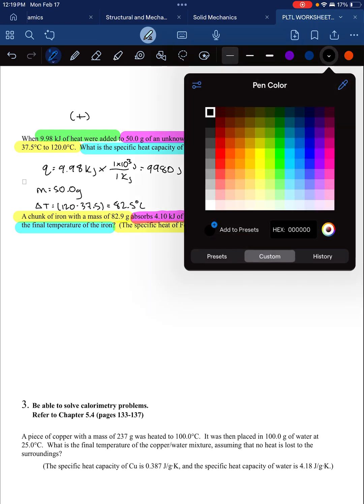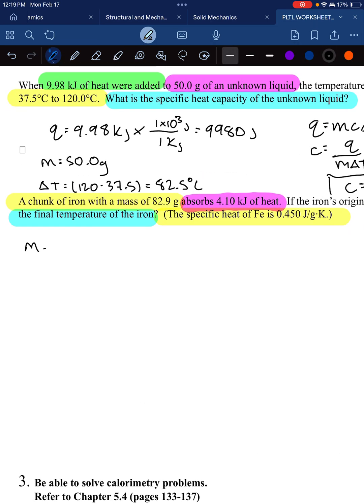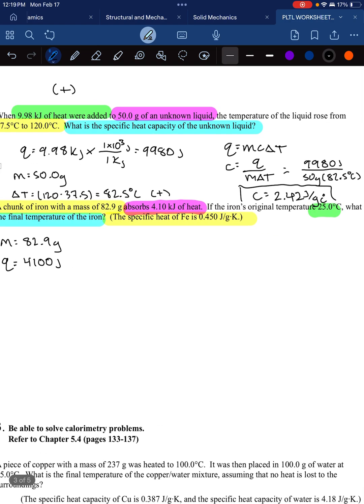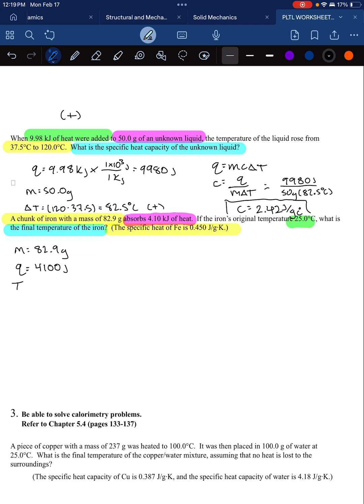Let's mark down our variables really quickly. Mass equals 82.9 grams. Q equals, it absorbs, so it's positive, right? 4.10 kilojoules. Let's just change it to joules. And the iron's original temperature, so I'm going to mark it TI, is 25 degrees Celsius.